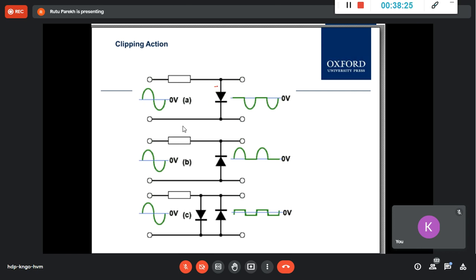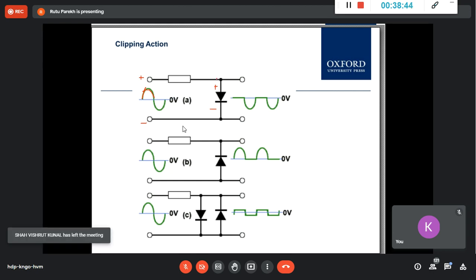So this is positive, this is negative. Let's say I'm talking of the positive half, this half cycle. You take the one when it is conducting.